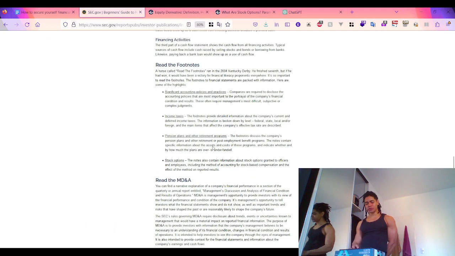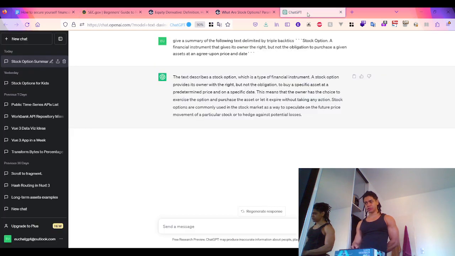So stock options give the owner the right but not the obligation to purchase a given asset at a specific date or let it expire without taking any action.